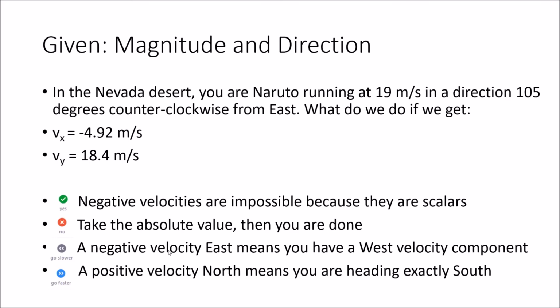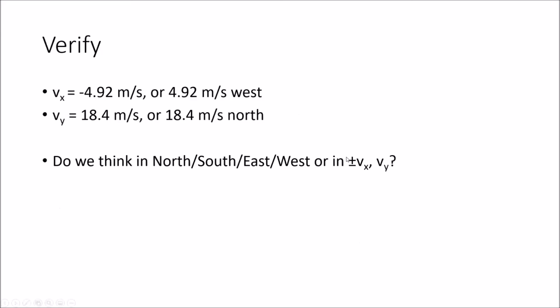Let's see, a negative velocity east means you have a west velocity component. Yeah, that's true. A positive velocity north means you're heading exactly south. No, that's nonsense. Negative velocity east means you have a west velocity component. That is correct. Let's verify this.